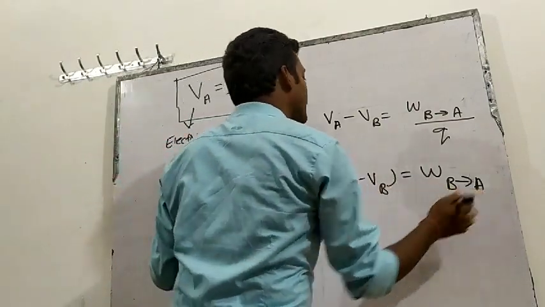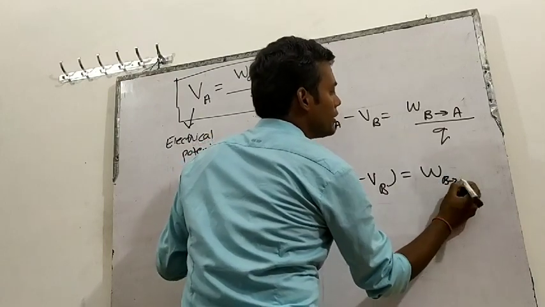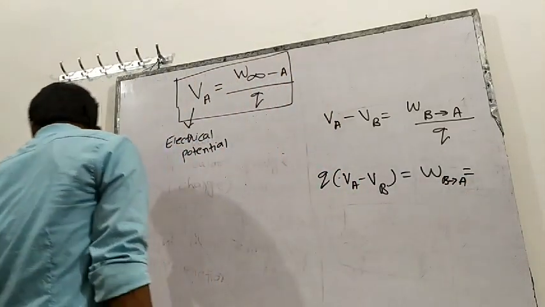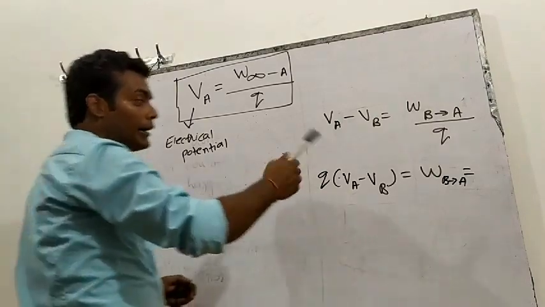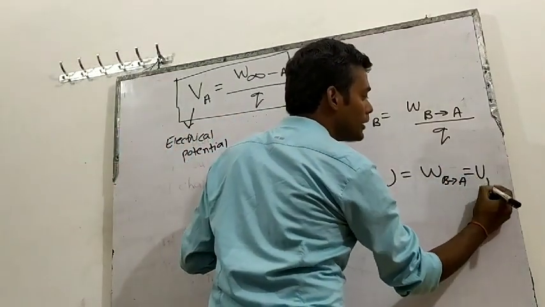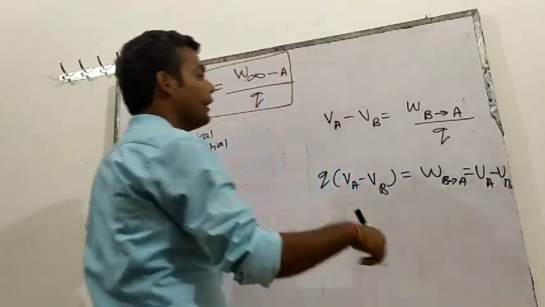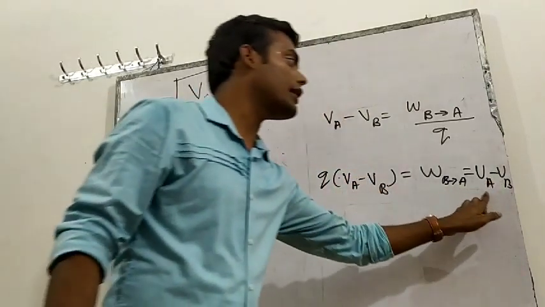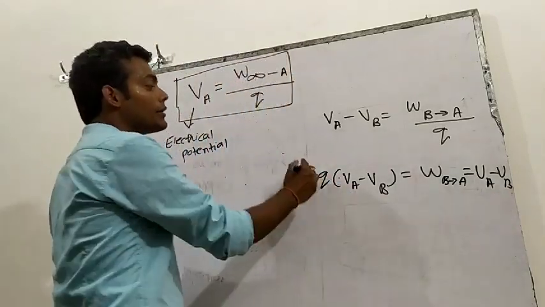And work done from B to A is also written as final potential energy minus initial potential energy. So final point is A, initial point is B, so final potential energy minus initial potential energy, UA minus UB.